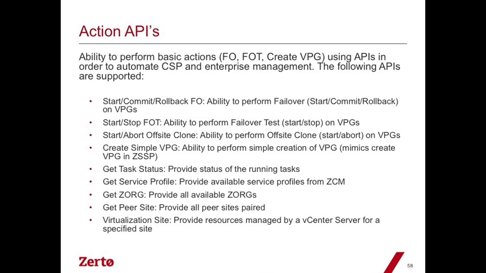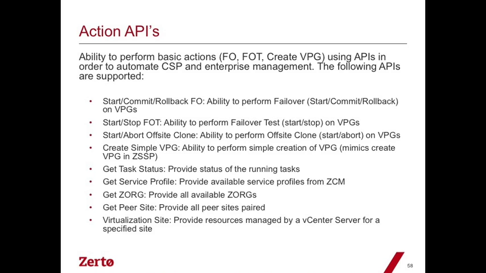In order to integrate with existing workflows, portals, etc., we've added action APIs to where you can do essentially complete lifecycle type operations where you can start and commit and roll back failovers, failover testing, create clones. You can do task status updates and more cloud-specific operations such as working with service profiles and Zorgs.